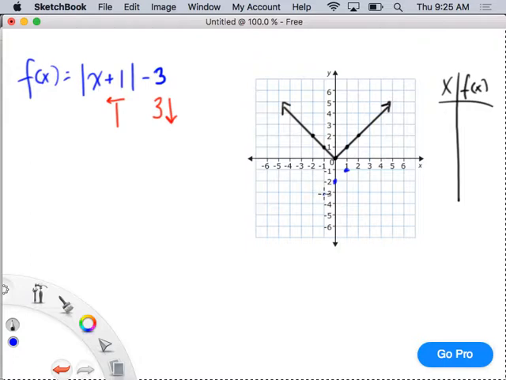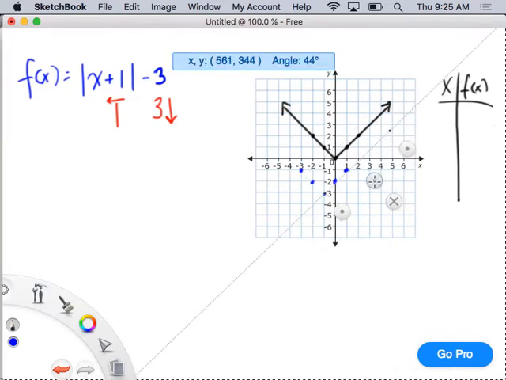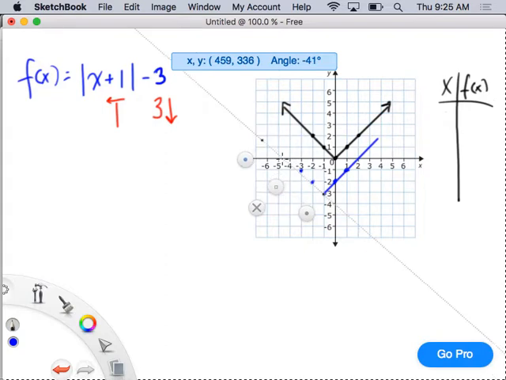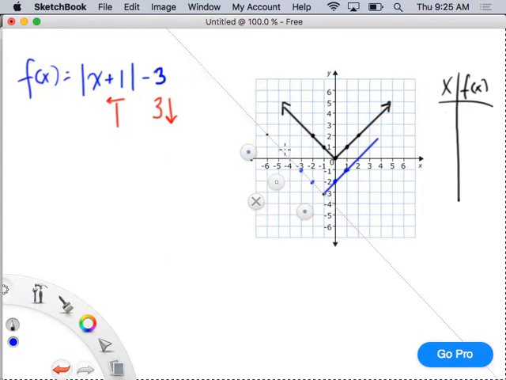Down 3, 1 to the left. And once I have that, go ahead and plot the lines.